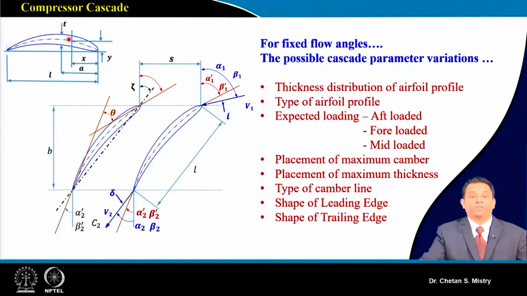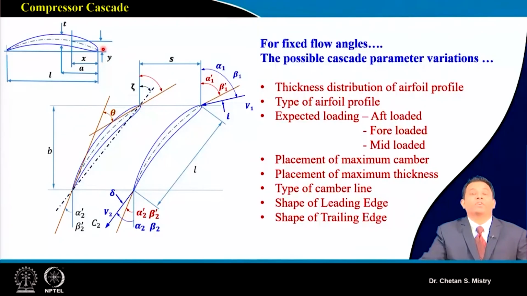When I say aerofoil, we should not forget the shape of our leading edge and shape of our trailing edge. And as we have discussed, for C4 aerofoil, we are having leading edge radius larger compared to NACA 65. That has advantages, as we have discussed, in terms of incidence angles.